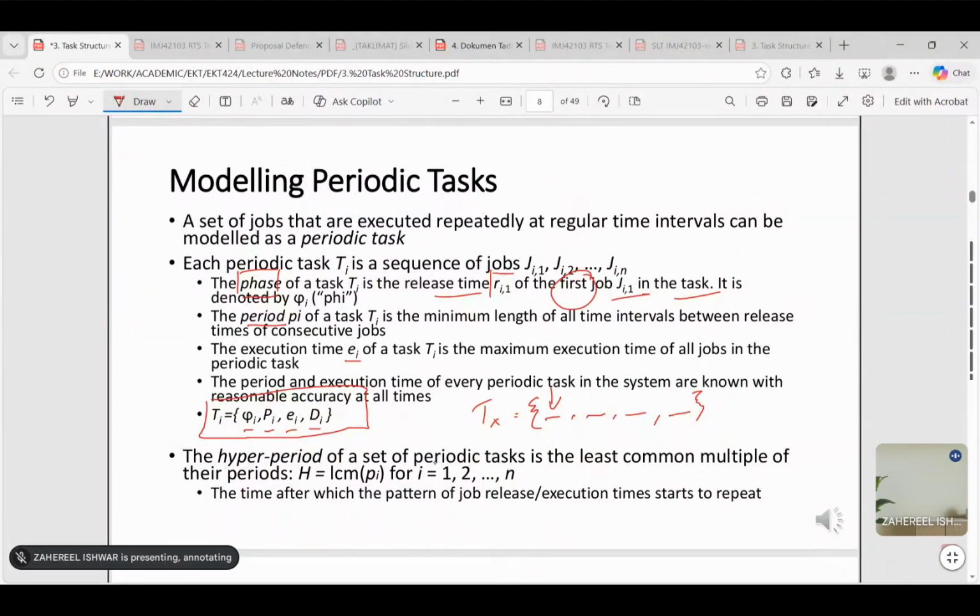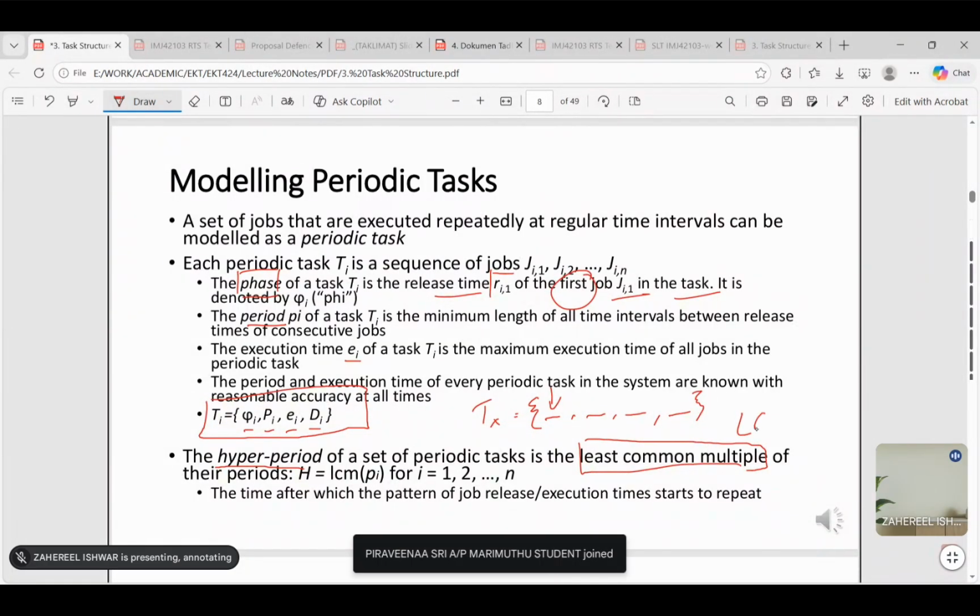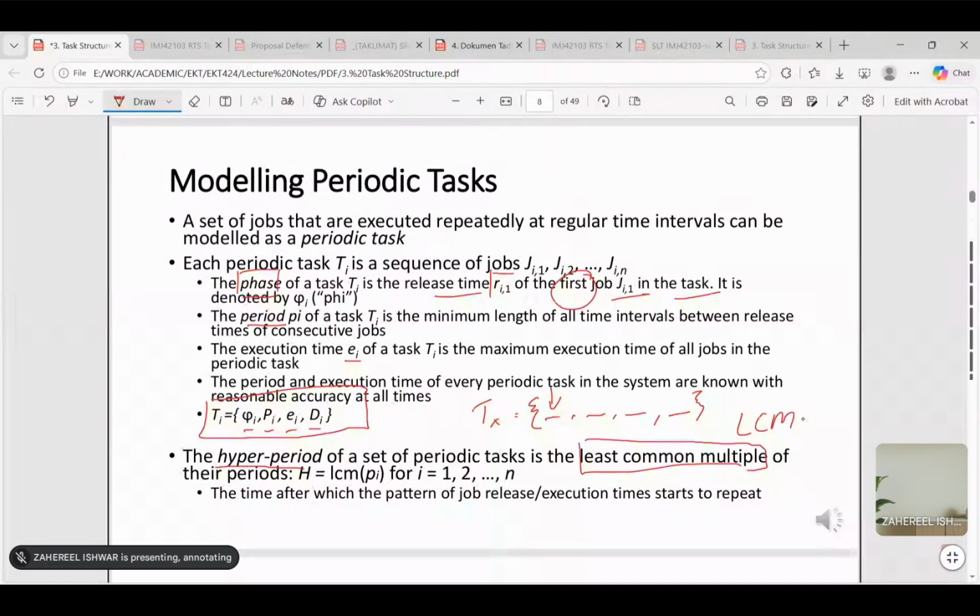Now, the hyperperiod of periodic tasks is the least common multiple of their periods. Hyperperiod is defined as LCM, least common multiple. Dalam bahasa Melayu kita panggil apa ni? Jadi satu lagi, GCD, greatest common divisor, ni least common multiple. Pembahagi sepunya terkecil.